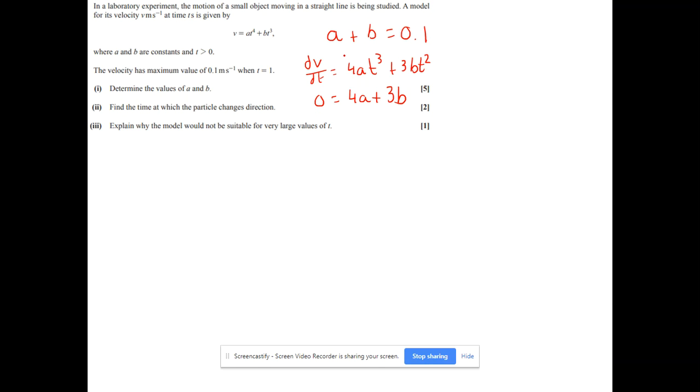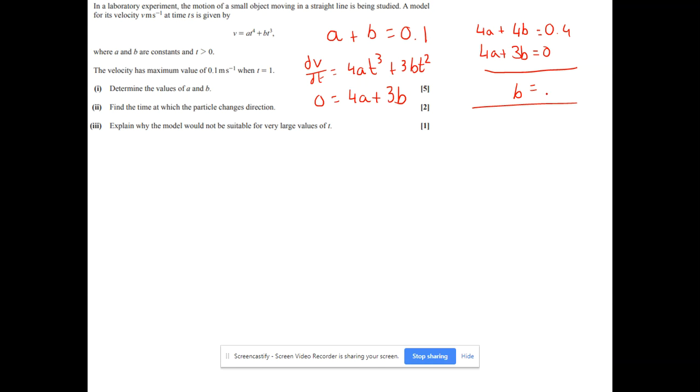So to determine the values of a and b, we can combine these two equations. If we solve them simultaneously, we've got 4a plus 3b equals 0, and 4a plus 4b equals 0.4, and take them away.